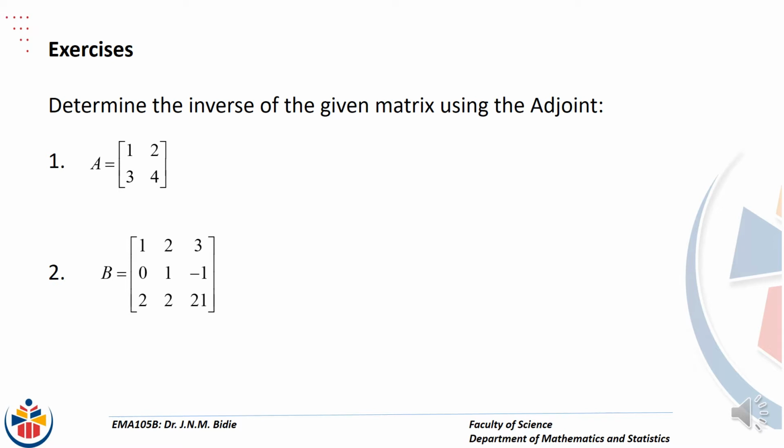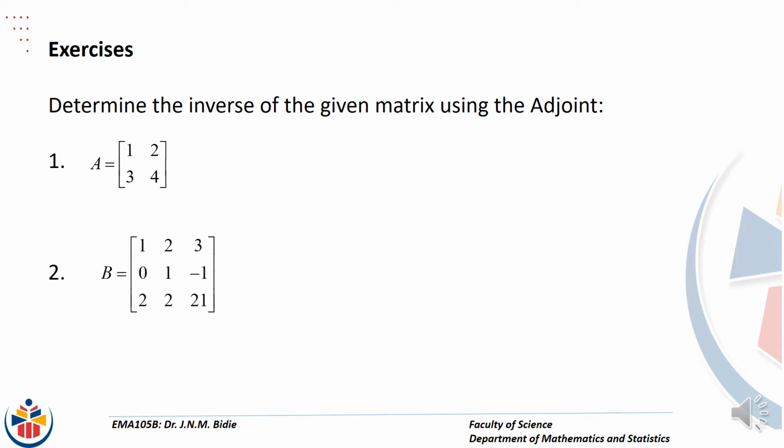So here are some exercises where you need to find the adjoint of a given matrix. So remember, we have to first find the minors and then find the corresponding cofactors and then formulate the matrix of cofactors, and then the adjoint will be the transpose of that matrix of cofactors.